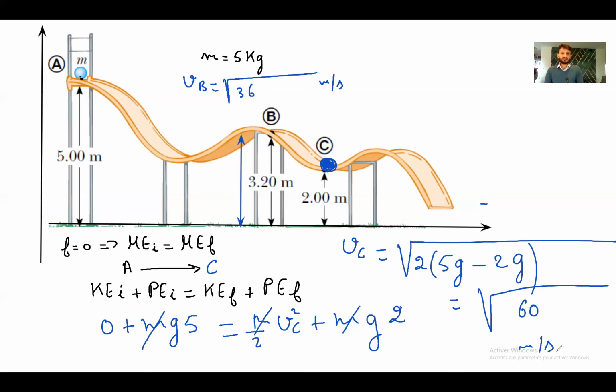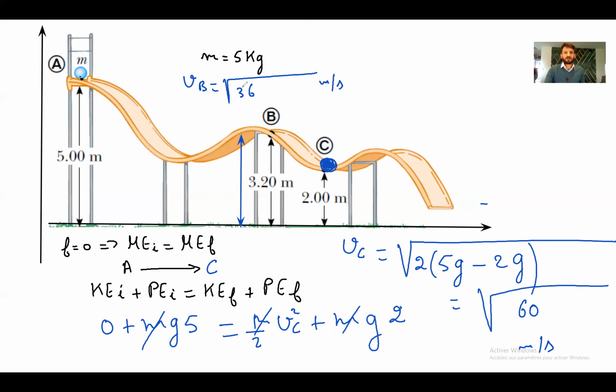This is the answer. I take the result in the case of a conservation of mechanical energy, where we don't have a contact force between the object and the plane.